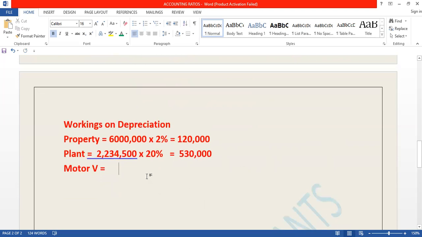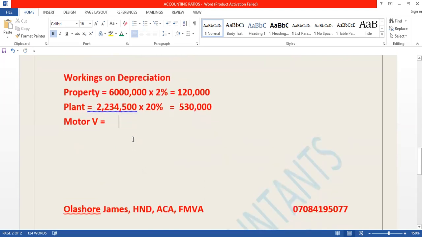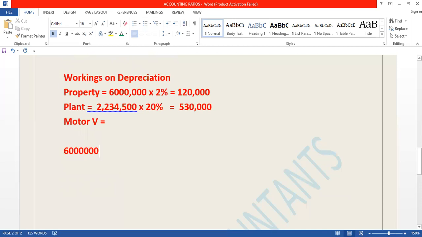Now let me just briefly explain that. If you are asked to calculate on a reducing balance, all you have to do, assuming the cost is 6,000, and you are to reduce at 2%. Let me put something like this here: cost, rates, balance.